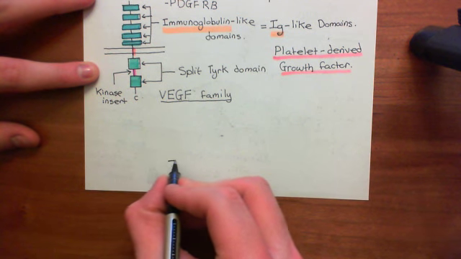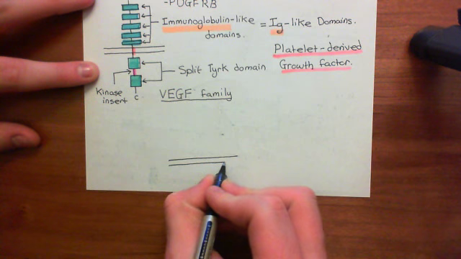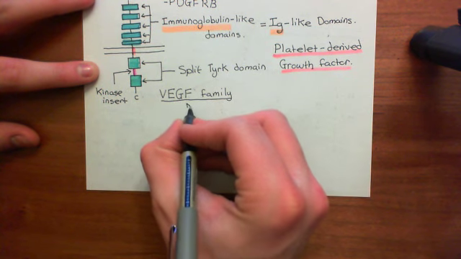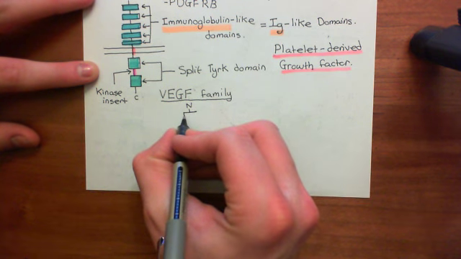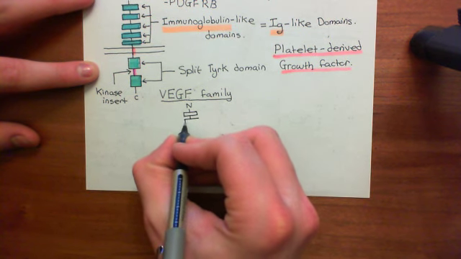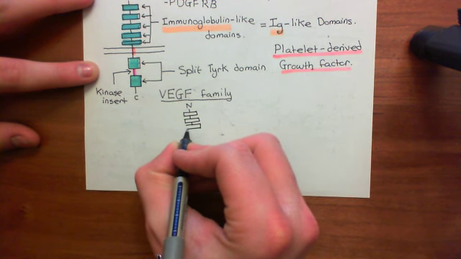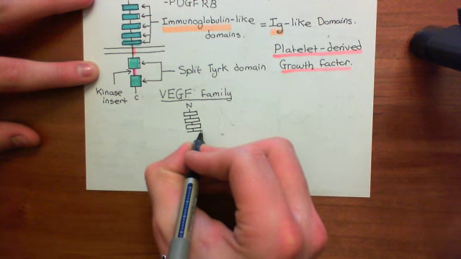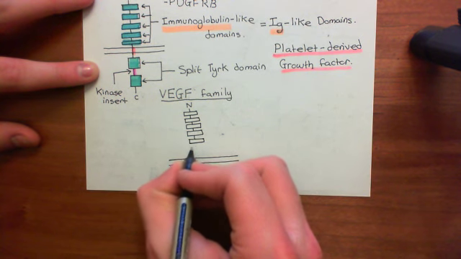So let's draw its structure here again. Here is the phospholipid bilayer. Once again, we have the N-terminus extracellularly. This time, we again have an extracellular ligand binding domain, which consists of a huge number of repeated immunoglobulin-like domains. So we have lots of immunoglobulin domains, and it's even more than in the case of the platelet-derived growth factor family of receptor tyrosine kinases.